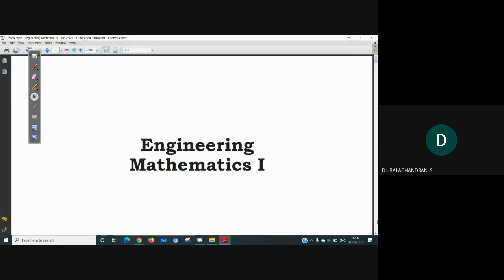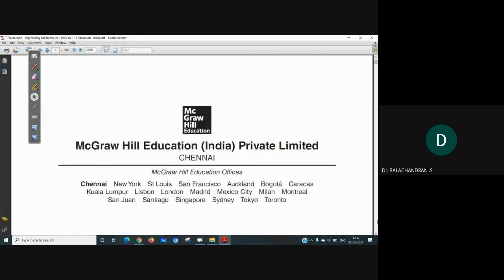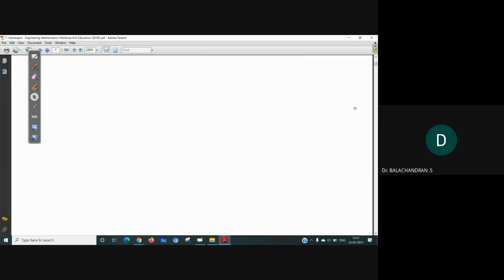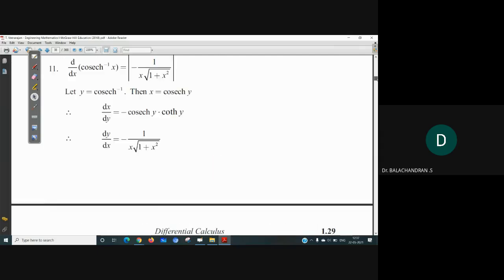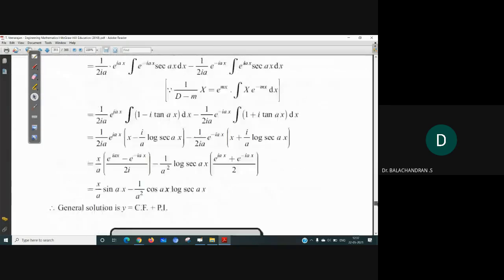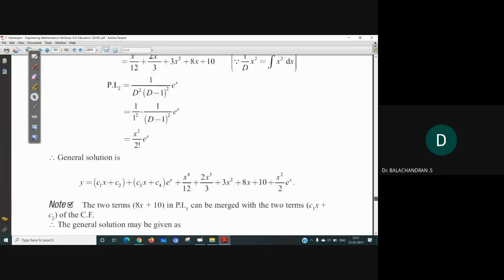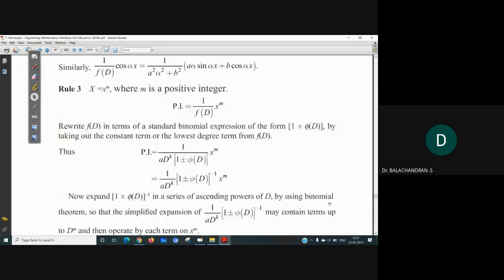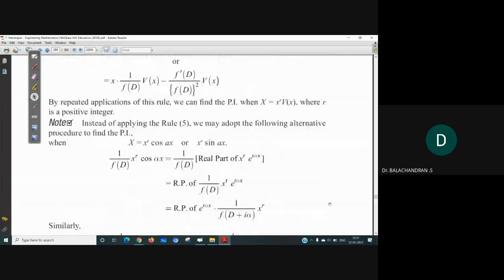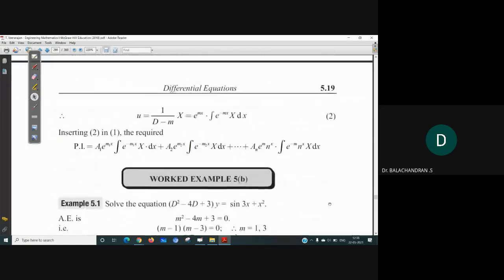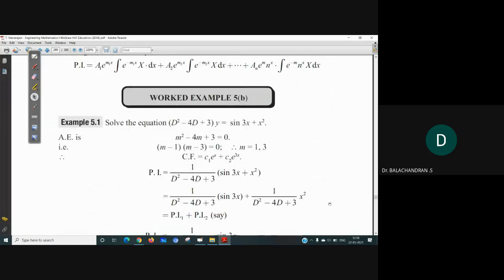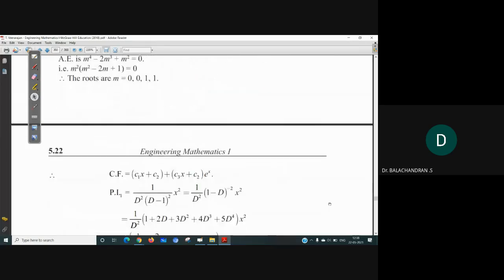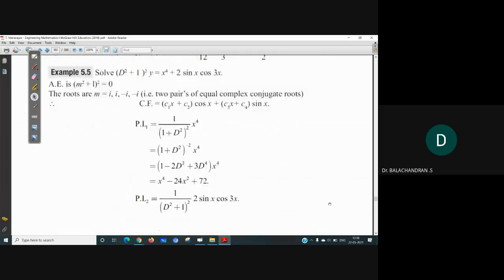I'm giving only the example problems this time, so you can easily verify the answer also. You can try from problem 5.1 up to 5.5.